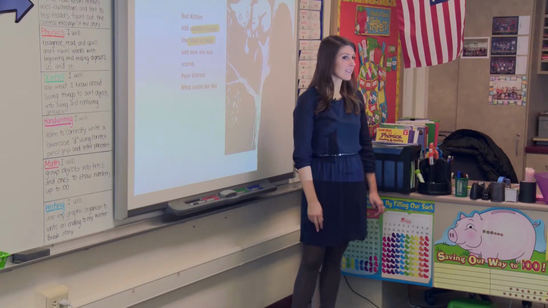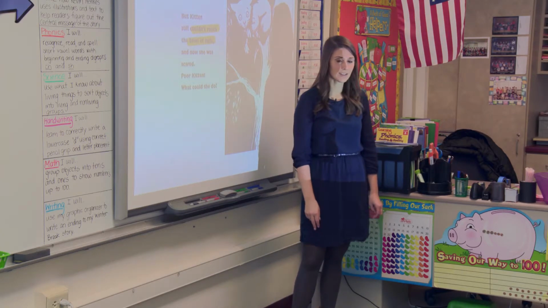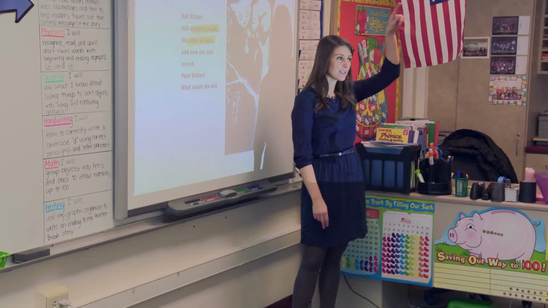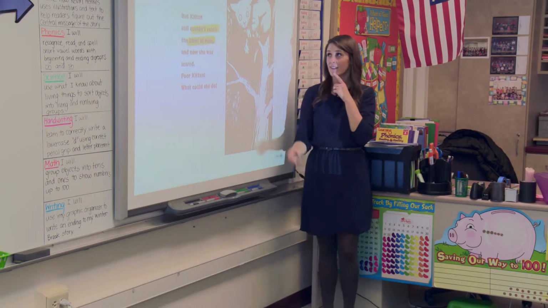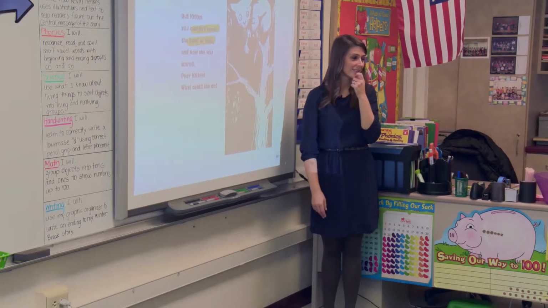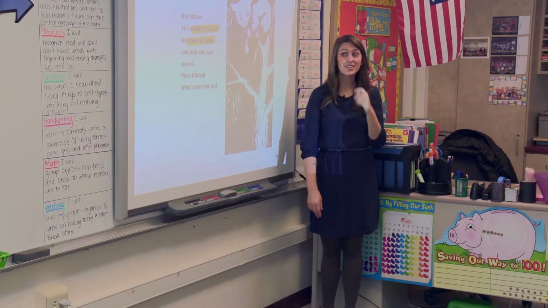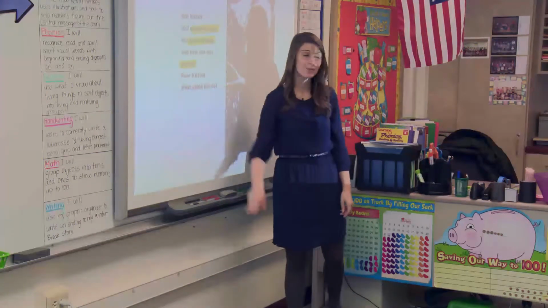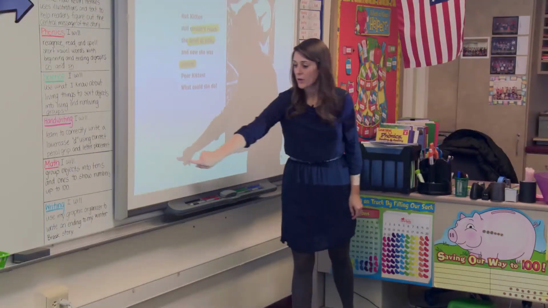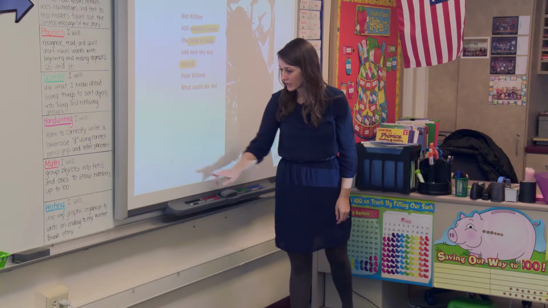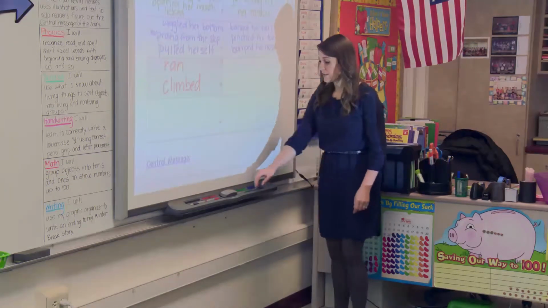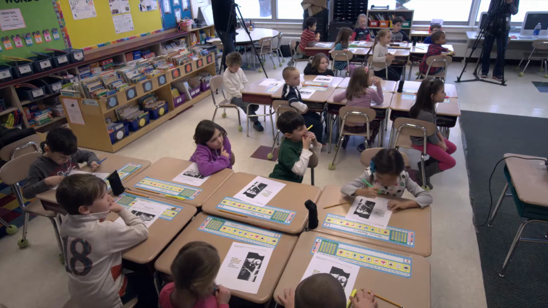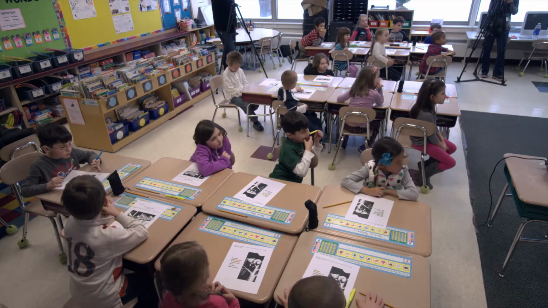I think there was another thing that was kind of important on that page. She ran and she climbed to the top of the tallest tree. And then look at her. What happened? Dennis? She was scared. She was scared. I would be scared too. Okay? So we're gonna go back and we're gonna put in what happened to her. She was very scared.